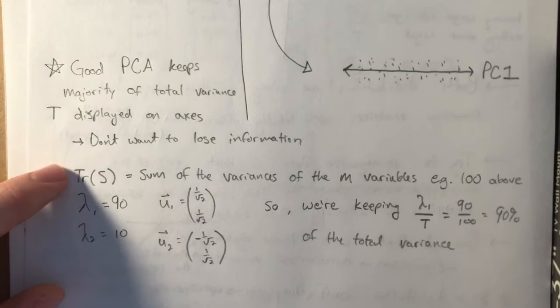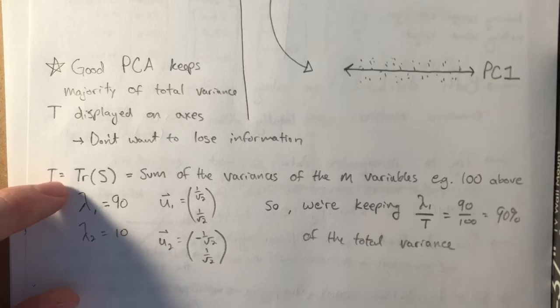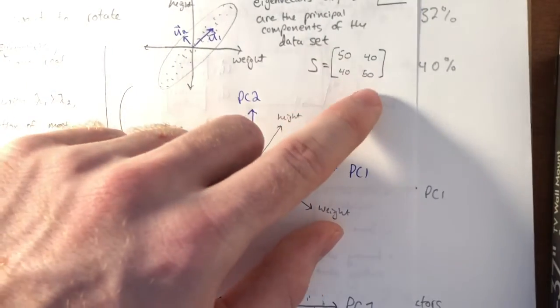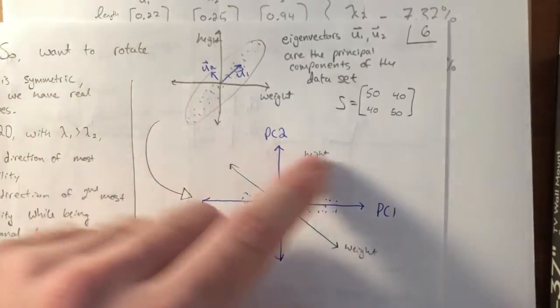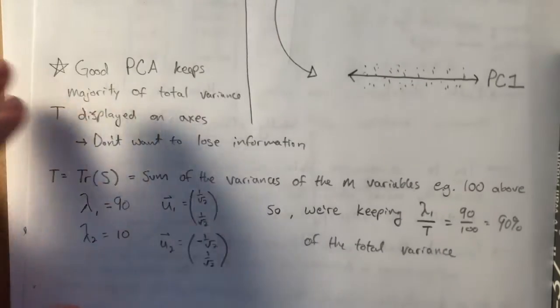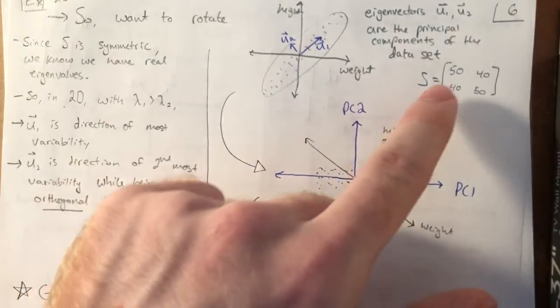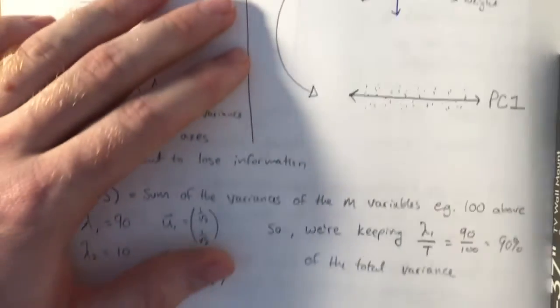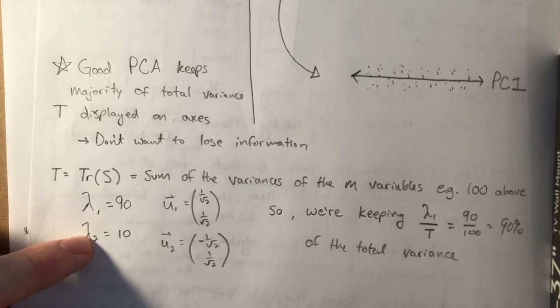So the total variance of our distribution we'll call T, and that's just defined as the trace of S, or the sum of its diagonal values. So here we can see the total variance of this would be 100, or the sum of these two diagonals. And if we calculate the eigenvalues and eigenvectors of that covariance matrix here, 50, 40, 40, 50, we see that the first eigenvalue is 90, the second eigenvalue is 10.